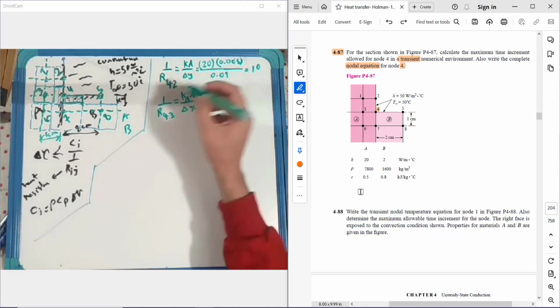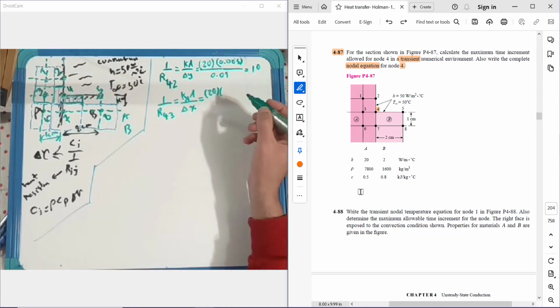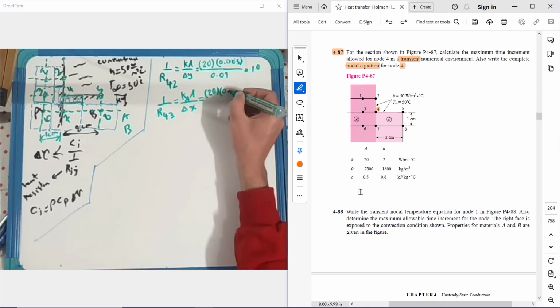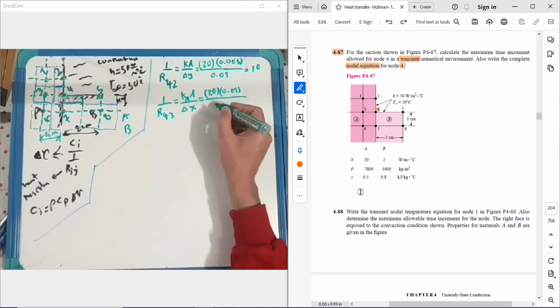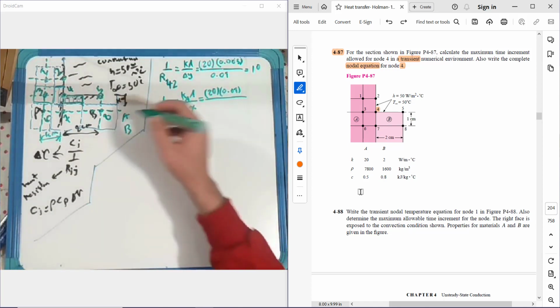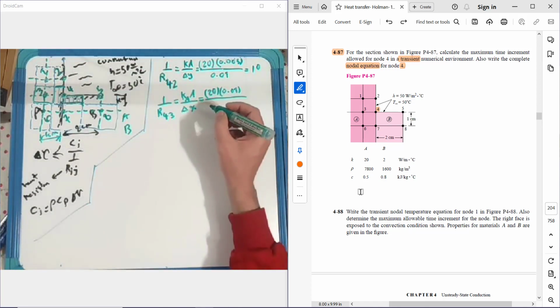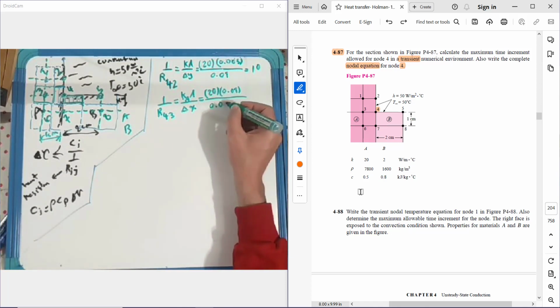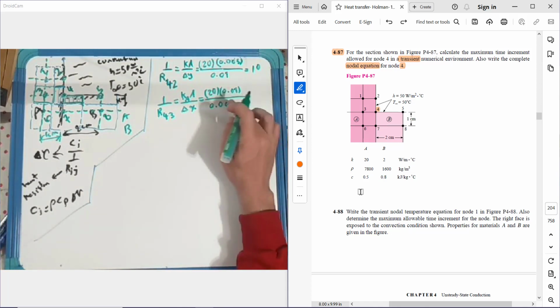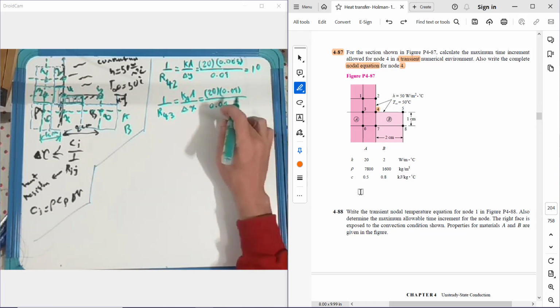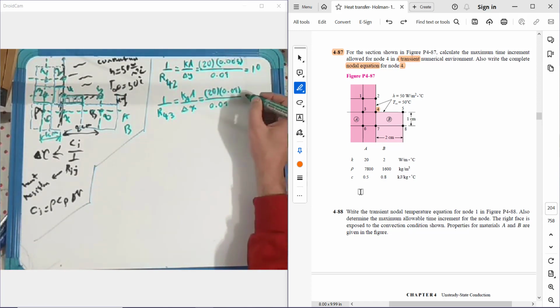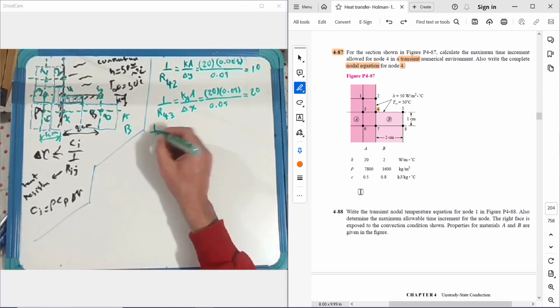What is A between 4 and 3? Exactly 1 centimeter. And what do we have here for delta X from 4 to 3? Just 1 centimeter. Okay, it is 20.